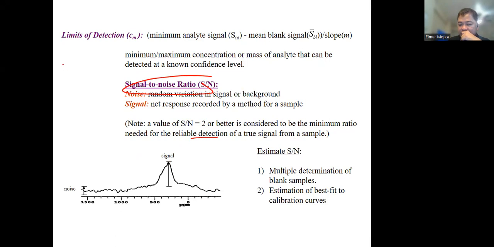So if you have it here, you can do a detection by doing multiple determination of the blank sample and then estimation of the best fit to calibration curves. I think in the recorded slide, I discussed there how you measure the detection limit. Okay, you look at the lowest concentration and the blank signal, the signal from the lowest concentration sample and the blank.